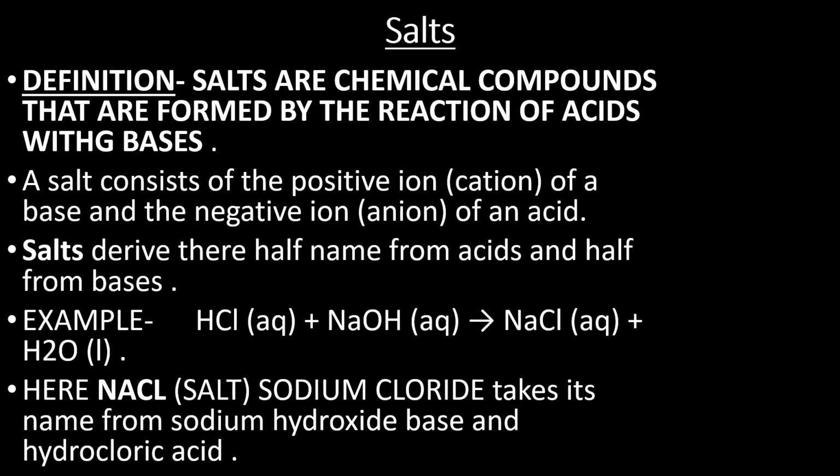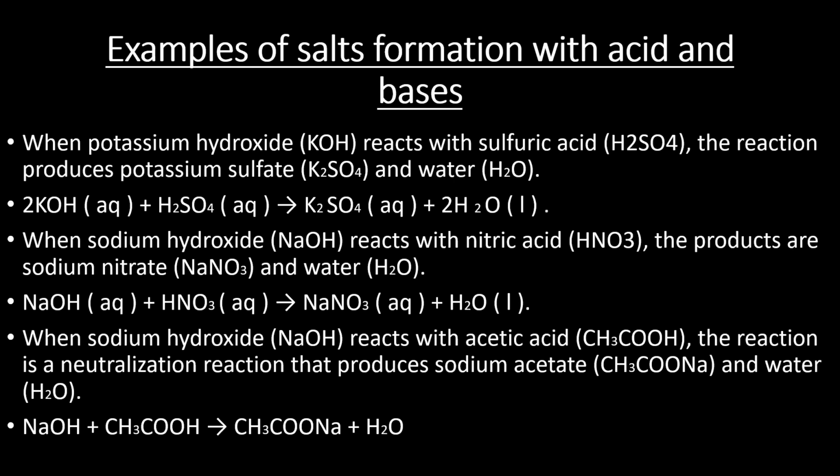Here NaCl, or sodium chloride, takes its name from the sodium hydroxide base and hydrochloric acid. From sodium hydroxide base, it gets the Na ion, that is the positive ion, and from hydrochloric acid, it gets Cl, that is the negative ion. So it takes its name from acid and base both.